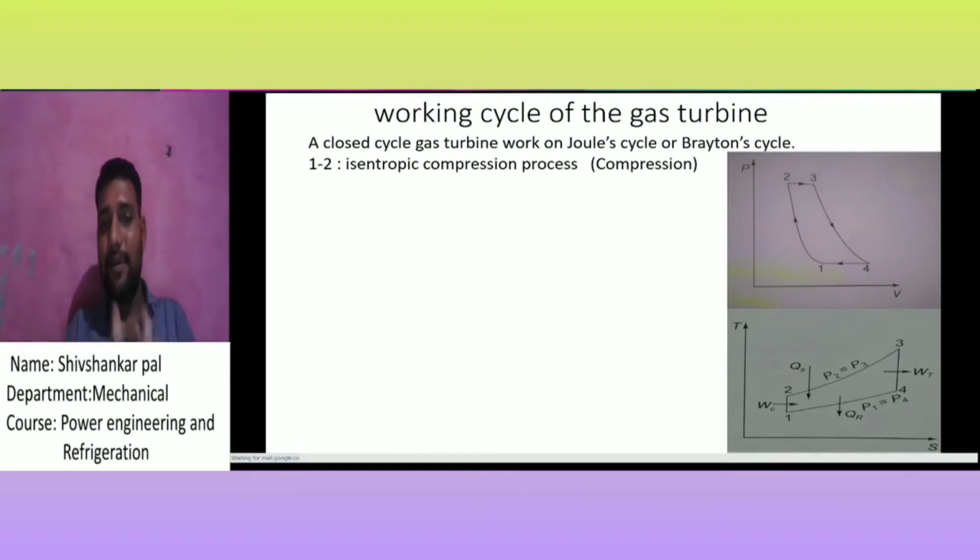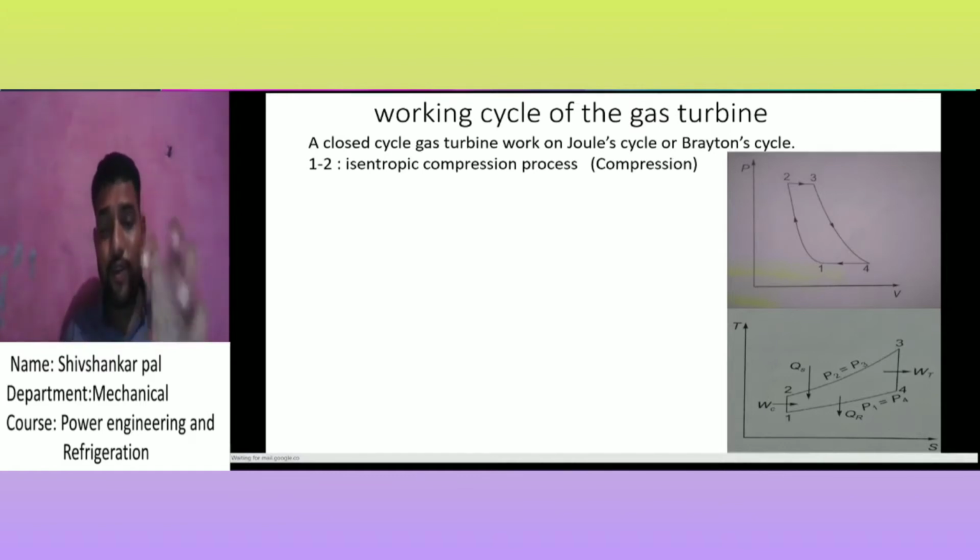What I'm saying is that the Joule cycle and Brayton cycle are both the same cycle. Both are power producing cycles. But the Joule cycle is used in the steam power plant, and the Brayton cycle is used in the gas turbine.